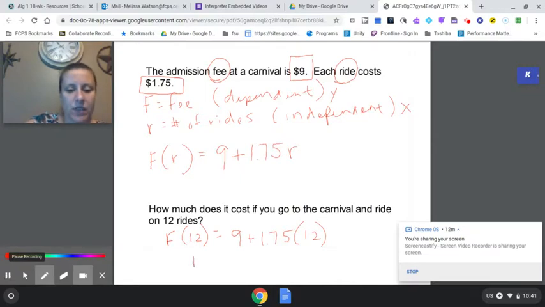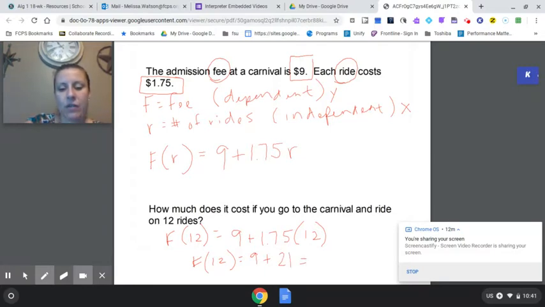All right, doing that math, the fee for 12 rides is going to be $9 plus $1.75 times 12 is $21. And if I add those two together, we get $30. So the fee to ride 12 rides would be $30.